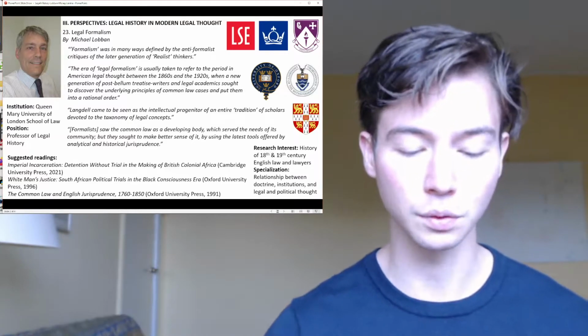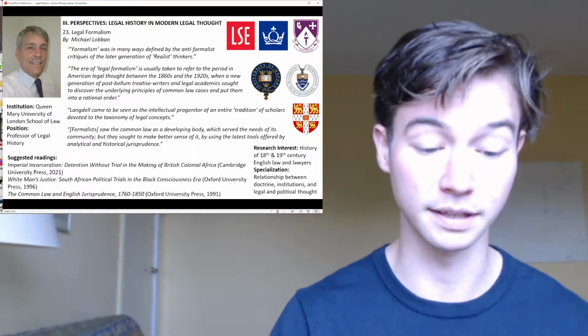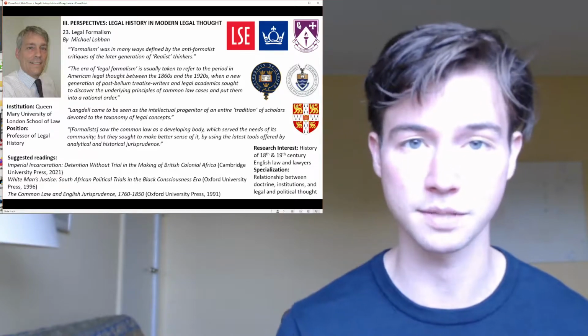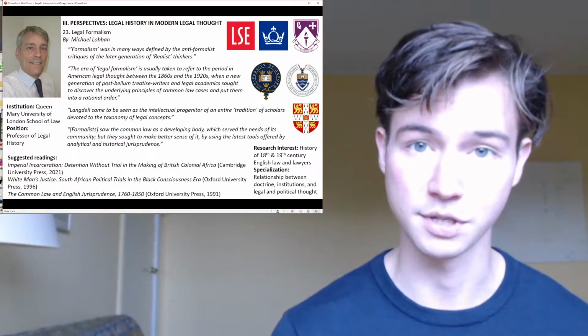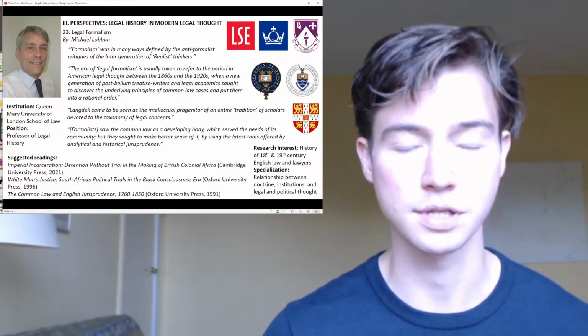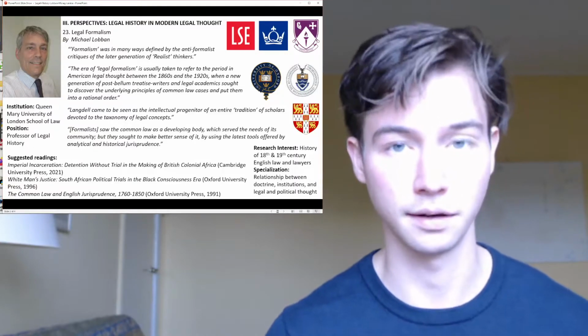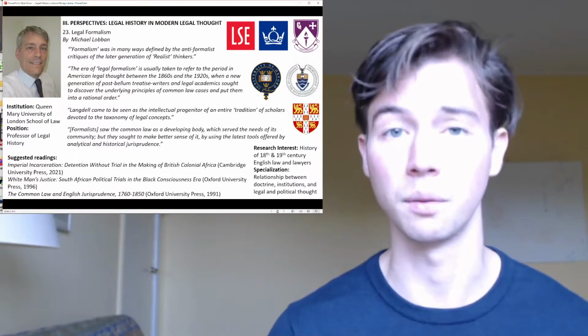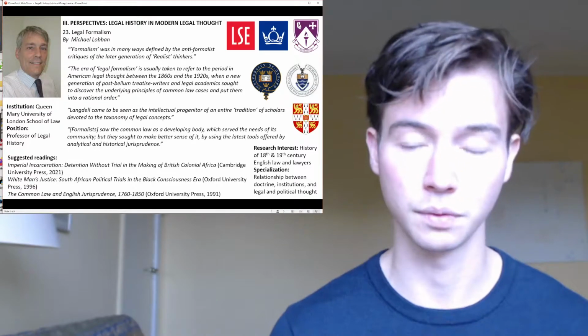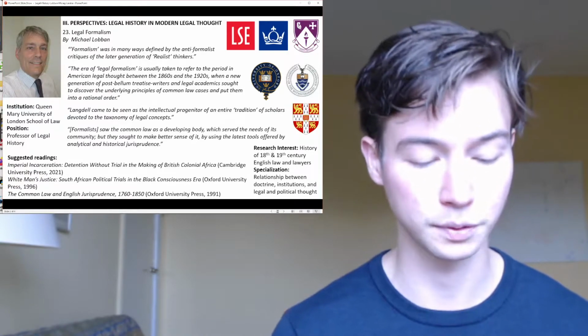Langdell is probably the most key figure in legal formalism at the inception, but in terms of defining legal formalism, it was Oliver Wendell Holmes commenting upon Langdell, who was dean of Harvard Law School.